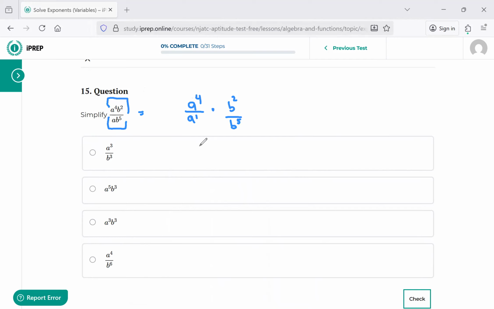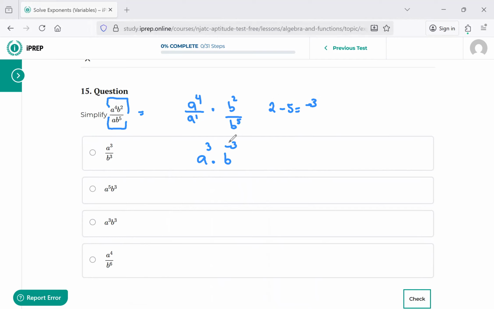What's 4 minus 1? When you're dividing, you subtract the exponents. So what's 4 minus 1? 3. Times, because it's squished, that's why it's times. What's b squared divided by b to the 5? When you're dividing with the same base, you subtract. So 2 minus 5 is negative 3, not positive 3. So it's b to the negative 3.